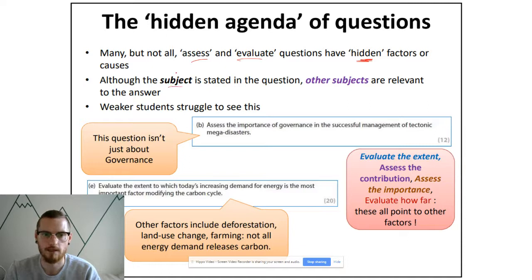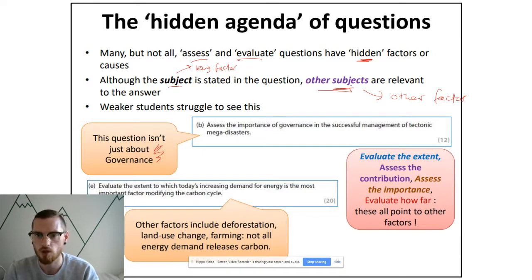Although the subject, and this is the key factor, that's what they're referring to, is stated in the question, other subjects, other factors are relevant to the answer. Weaker students struggle to see this. Now, here they've used the example I've just used. Assess the importance of governance, key factor, subject, in the successful management of tectonic mega disasters. This question isn't just about governance. You have to use other subjects, other factors.